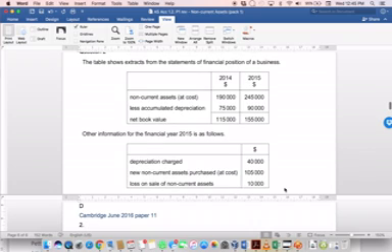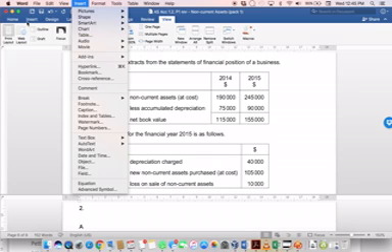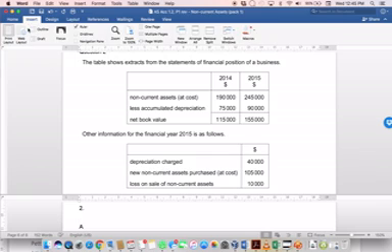So I want to work out my carrying value, and I can do that by working out over here what my movements actually were. I quite like to do this, in fact, as a little T account. So I'm going to insert a table over here. This is the fastest way to do it.